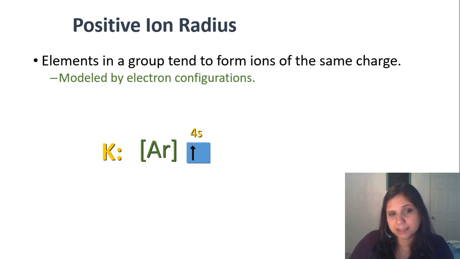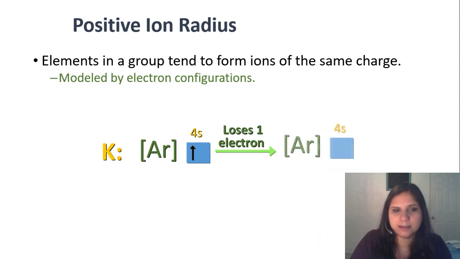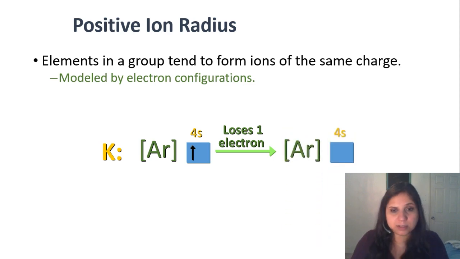Potassium has the electron configuration argon 4s1. And so it's easy for potassium to lose that one extra electron in its outermost energy level, its valence shell. It does that, and it becomes just argon. It loses that extra energy level.